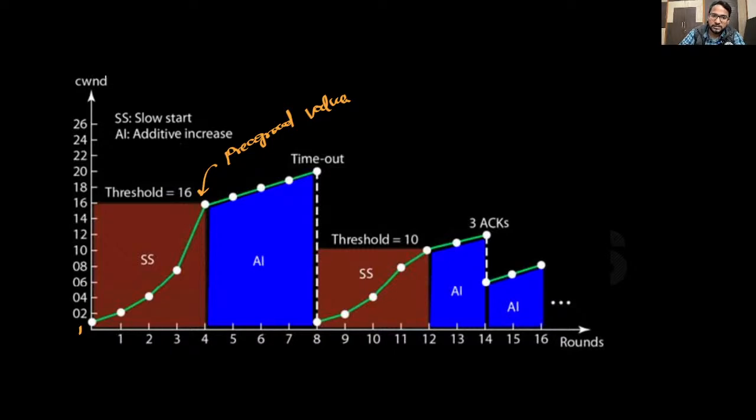So let's just say that I start with 1 and there is an initial threshold that is given to me. Let's suppose 16, some initial threshold is given to me. So what will I do? I will start with 1 and then I will say it is 2, this is 4, this is 8, then 16, right?